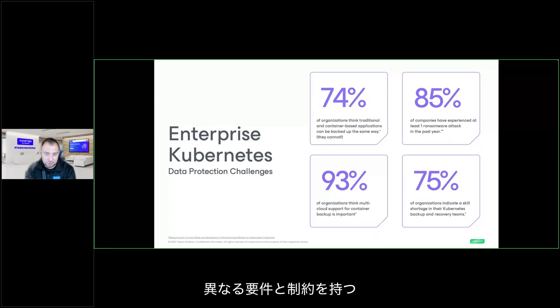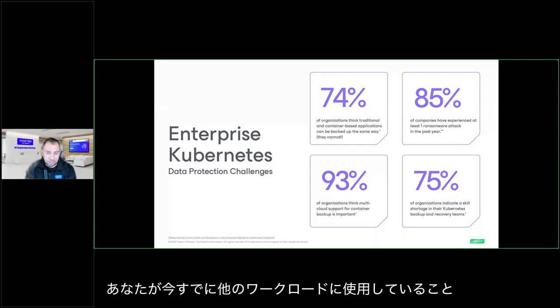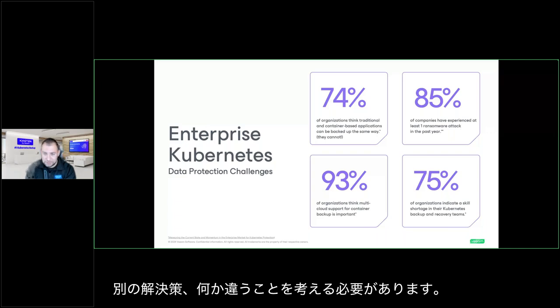So you can't address the same topic for applications having different requirements and constraints. That's the reason why you need to think about another solution, something different from what you are using right now for the other workloads in your environment.